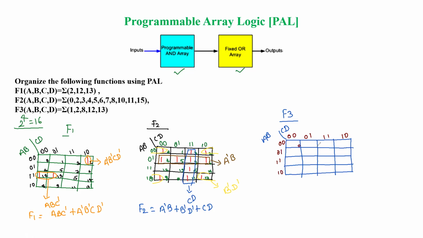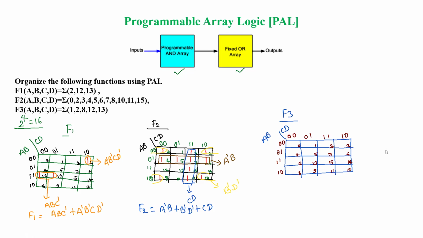For our reference, we can locate the min terms: 0, 1, 2, 3, 4, 5, 6, 7, 8, 9, 10, 11, and this is 12, 13, 14, and this is 15.